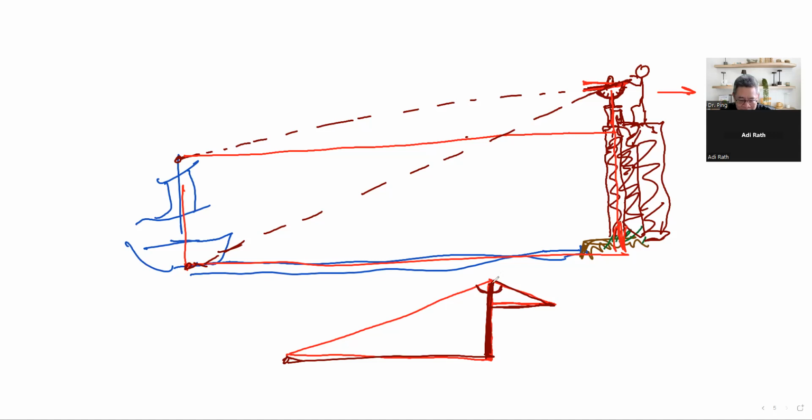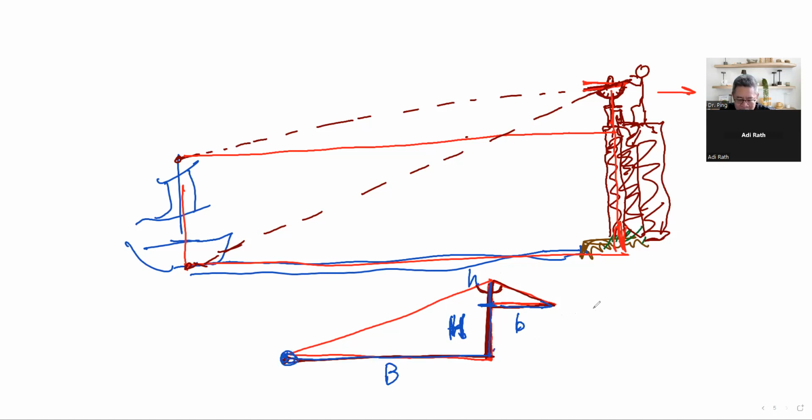That means if the total here is H, let's use the capital H, and the shorter one here is just h. And this, we call this small b, and this is capital B, which is the distance from the ship to the shore.